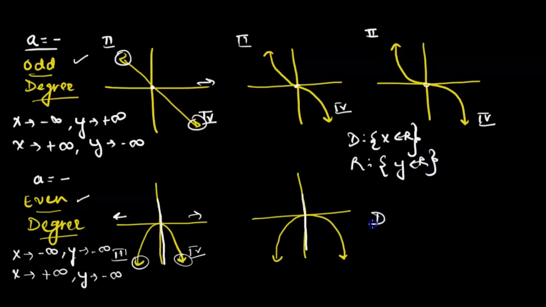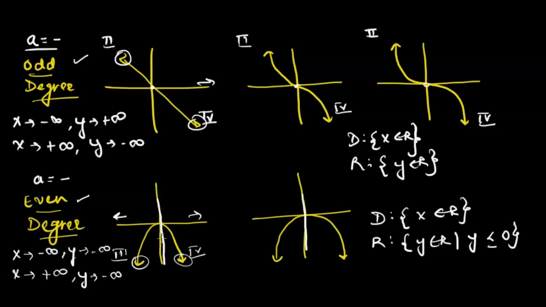For even degree with a negative, domain is x ∈ ℝ, whereas range is y less than or equal to 0 because it's opening downward, so it's never going to go above 0. So these are some general characteristics that can be seen in the parent functions when it comes to odd and even degree functions with different a's, being it positive or negative.